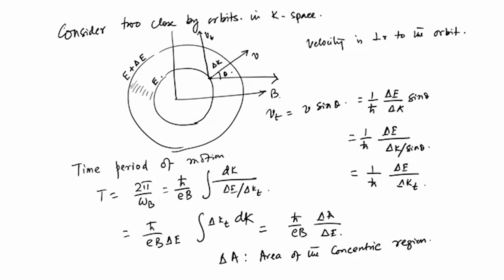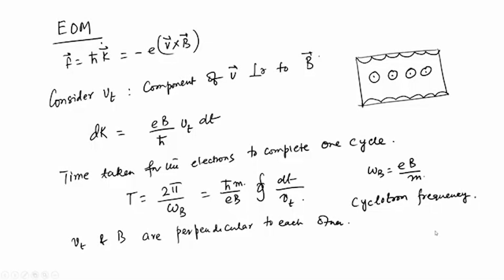So we have considered a magnetic field and free electrons that are subjected to it, so they would execute these orbits. The equation of motion is given by minus E v cross b, that is a force, and then we take the component of the velocity perpendicular to b and write down this dk.